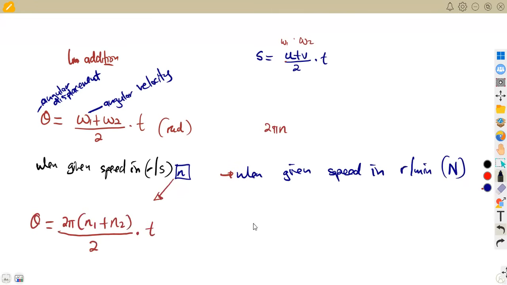So therefore, our theta, which is our angular displacement, is going to be given as 2 pi (n1 plus n2), but you divide by 2 multiplied by 60. Remember, revs per minute, you have to divide by 60 to obtain per second.